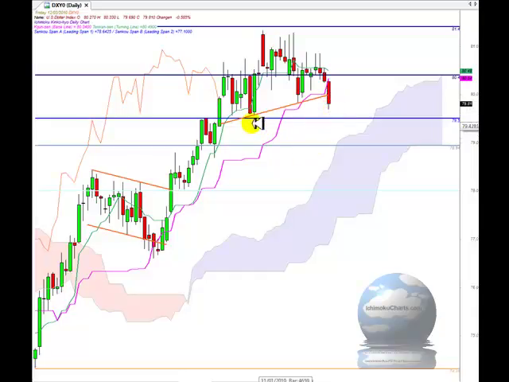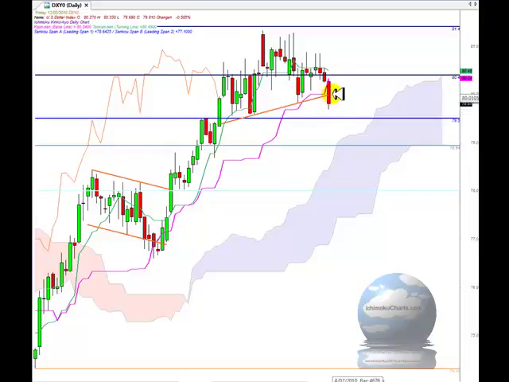What I like to see when these patterns are established and we have the breakouts, confirmation of the pattern is a breakout, a close down below the boundaries of the pattern. So we have had that close.